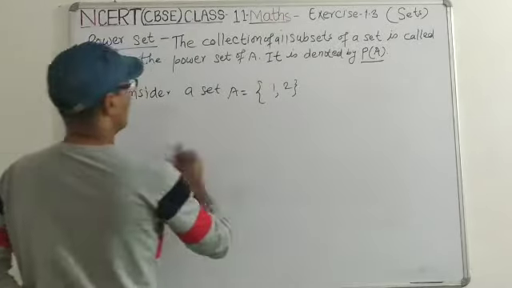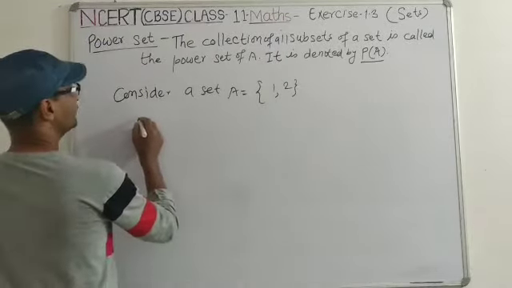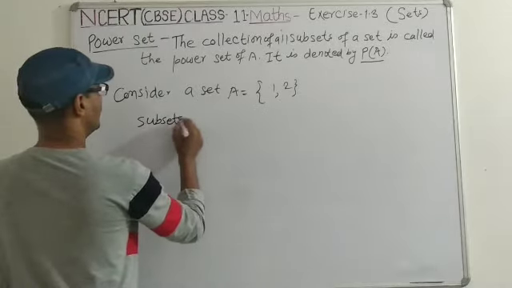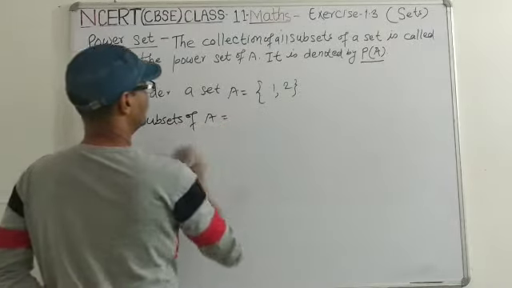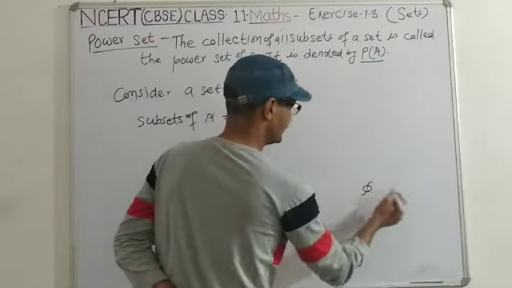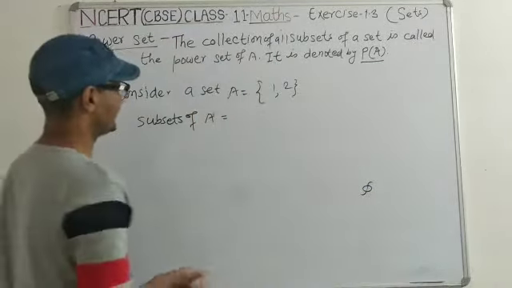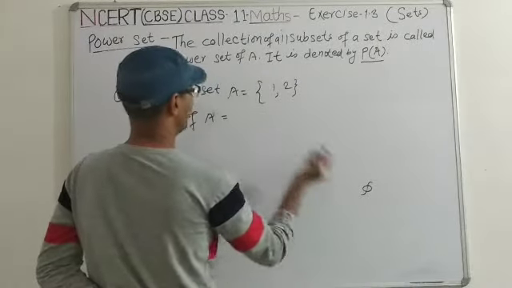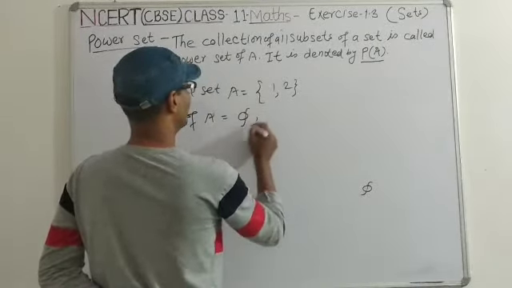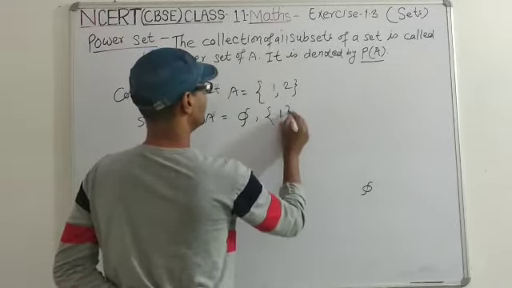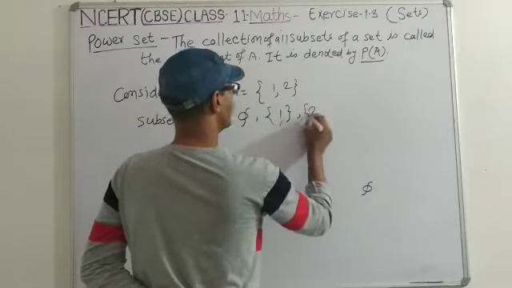So subsets of A equal to {1, 2}. You know this thing, phi is the subset of all the sets. Earlier we have studied about that. Phi is the subset of all sets, then {1} is a subset, {2} is also a subset.